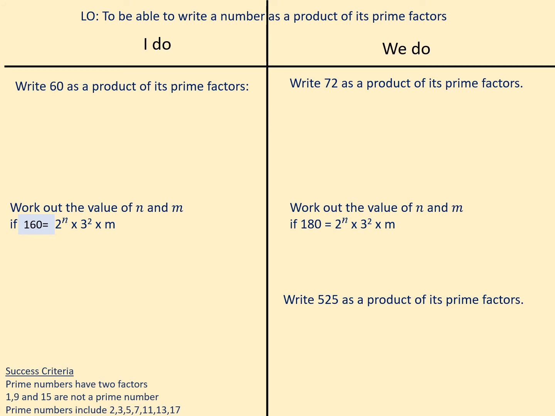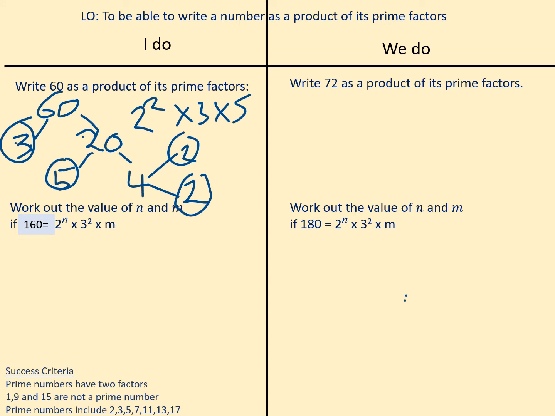So let's have a look at these 2 questions. We need to write 60 as a product of its prime factors, and we can do it as a prime factor tree as we've been doing in our starter activities. So let's have a go at that. So 60 divided by 3, 3 is a prime number, so we can circle that. 3 times 20 is 60.